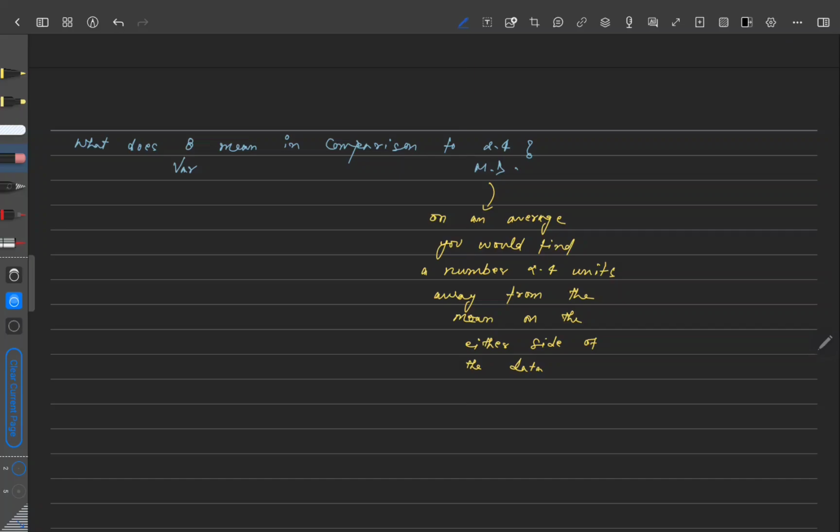Now if we talk about the variance, what does 8 mean?